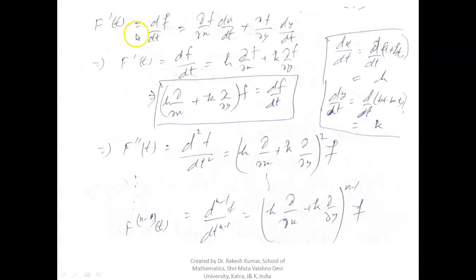Okay, so F'(t) is equal to d/dt of f, and because f is a function of x and y also, its derivative can be obtained by the total derivative.